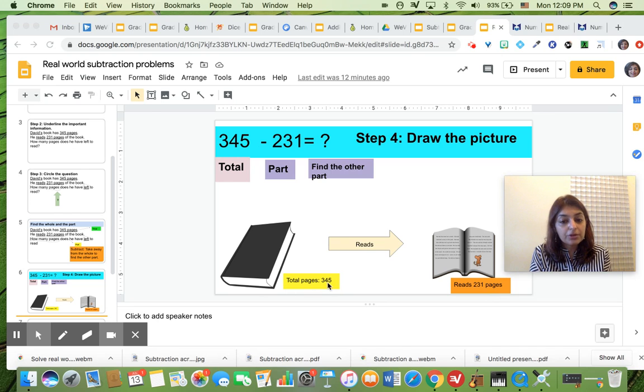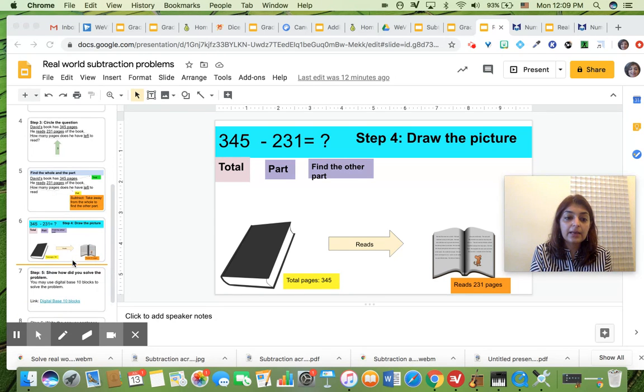So we know the total is 345. And we also know one of the parts, which is 231. And we need to find the other part by subtracting these two numbers. So you can easily draw the picture of the number story.